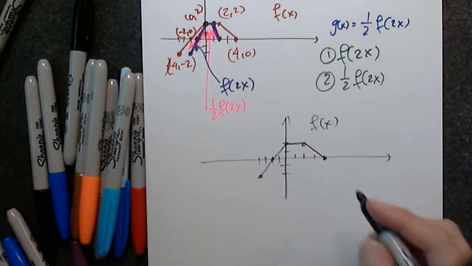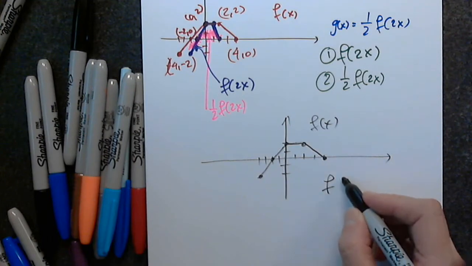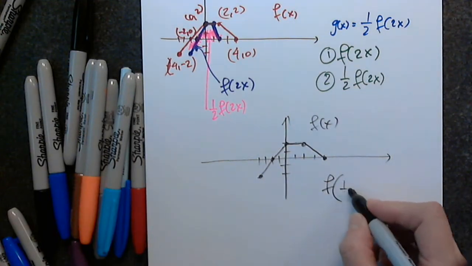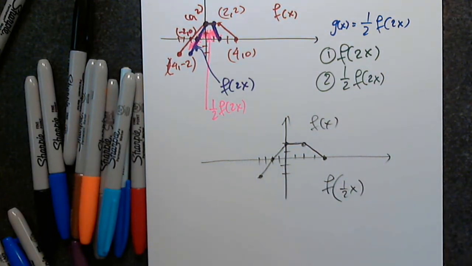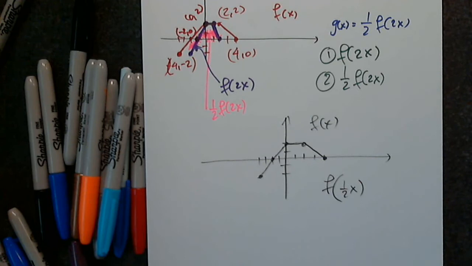And let's say now we want to graph f of 1/2 x. What am I changing now? Am I changing x or am I changing y? I'm changing x. Very good. What do I do? This has x coordinate -4. Where will it move?